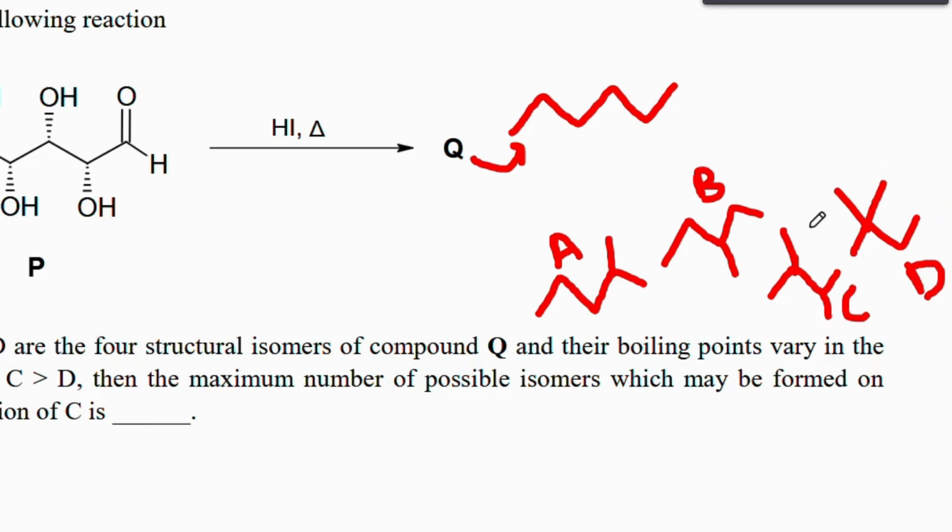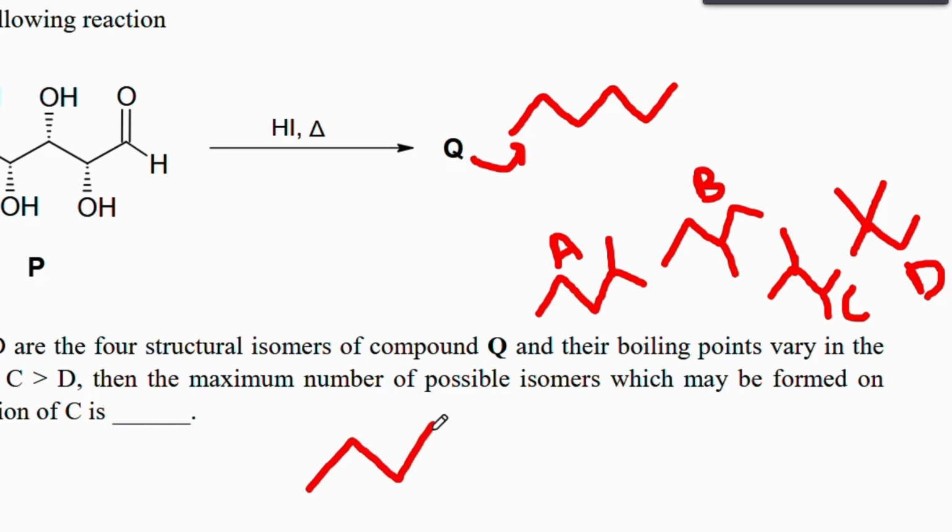And therefore the boiling point of C is just a bit higher than that of D. So C is the required compound, or it is in this case 2,3-dimethylbutane.